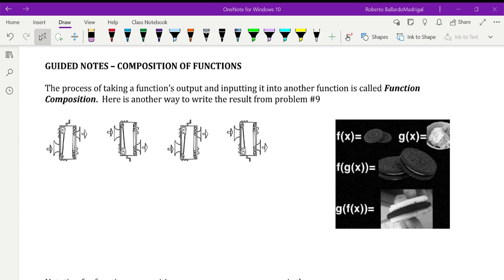I hear people talking, and this is an important topic. Once again, taking the output of one function and plugging it into the next, that is what we call function composition. So this is how we can rewrite what we just did in that team task. We started with a 6. You guys should be writing this down in your notes. We started with a 6, and we plugged 6 into function g.